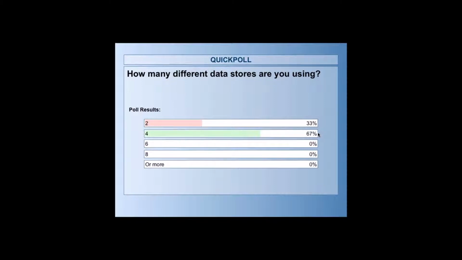Whether you use a combination of SQL and NoSQL, there might be 2, 4, 6, or 8 different data stores that you're looking after, and it'd be great to get your feedback here.